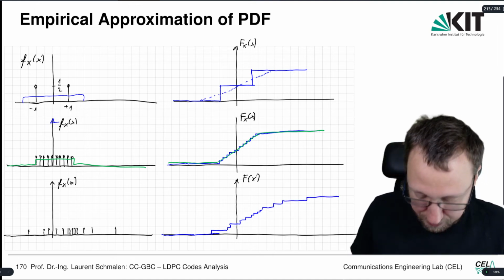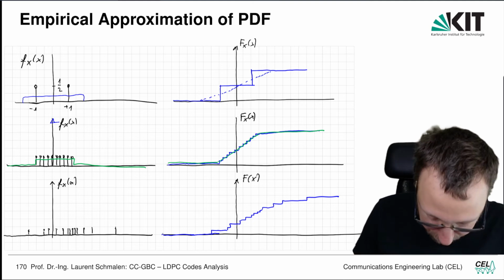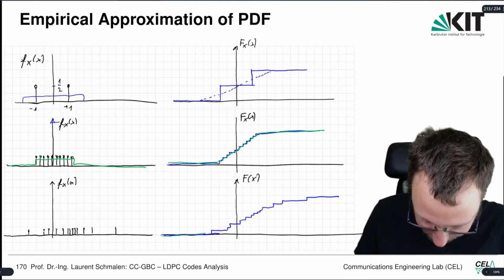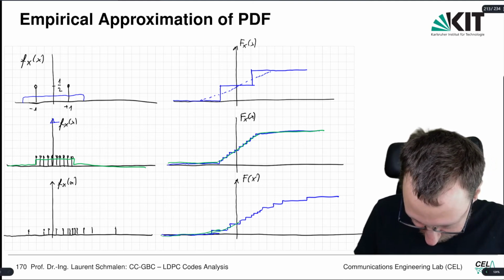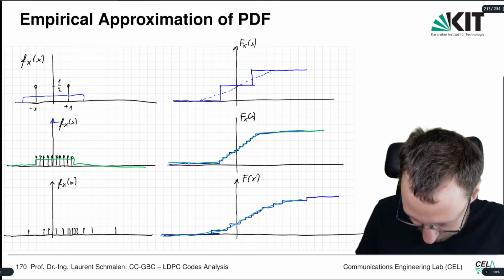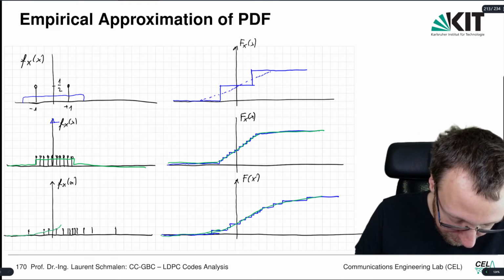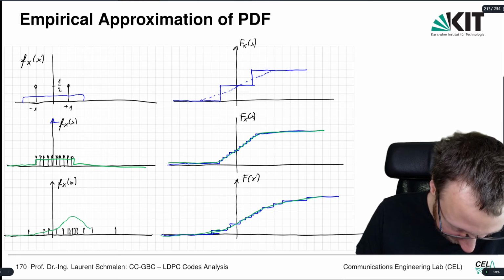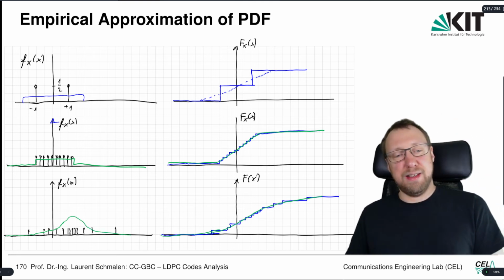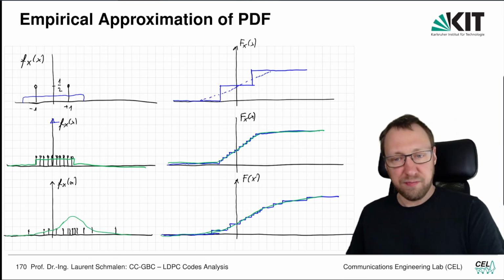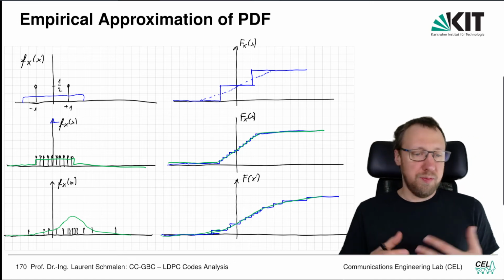So we can approximate this by something that goes more smoothly like this, and we'll have a distribution that will look something like this, exaggerated. So this is a smoother approximation.